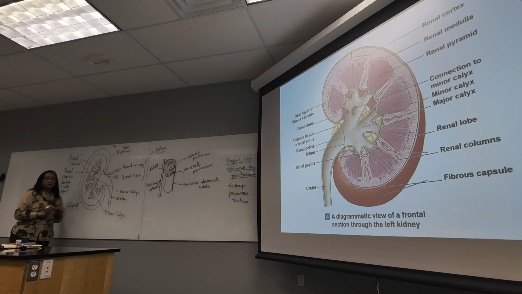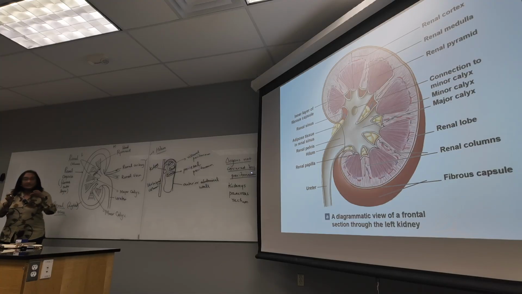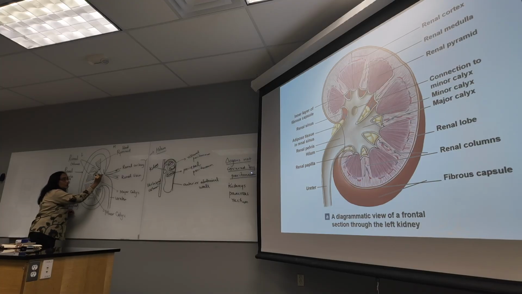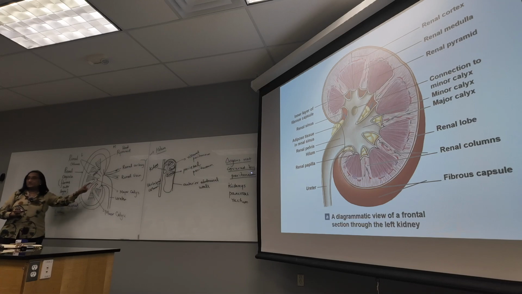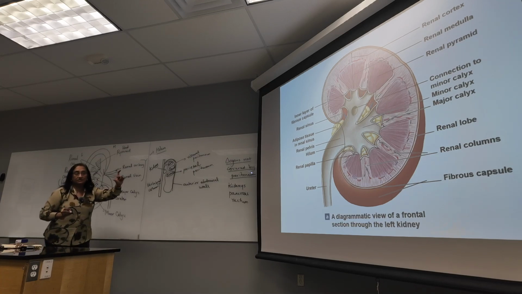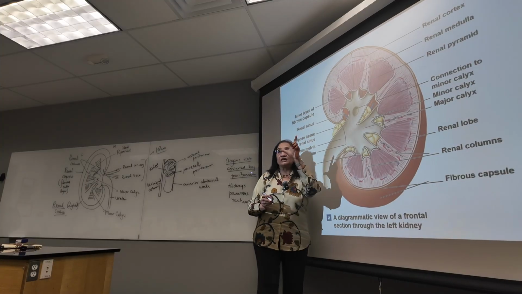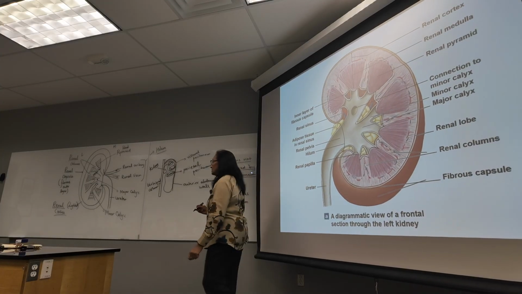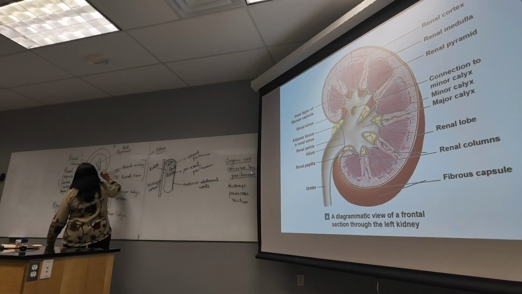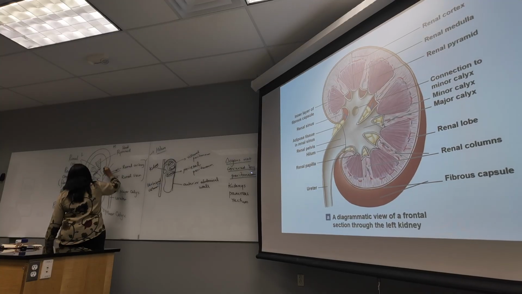And all these major calyces, remember these are just tubes, pathways, will open into this funnel-shaped region, which is the starting point of the ureter. This broad funnel-shaped region is called the renal pelvis.